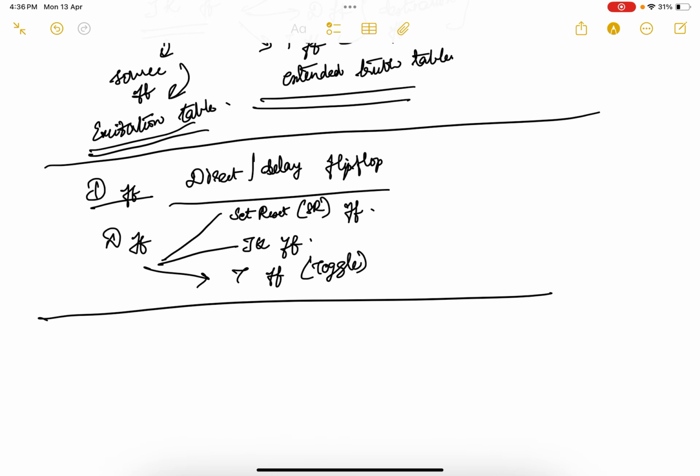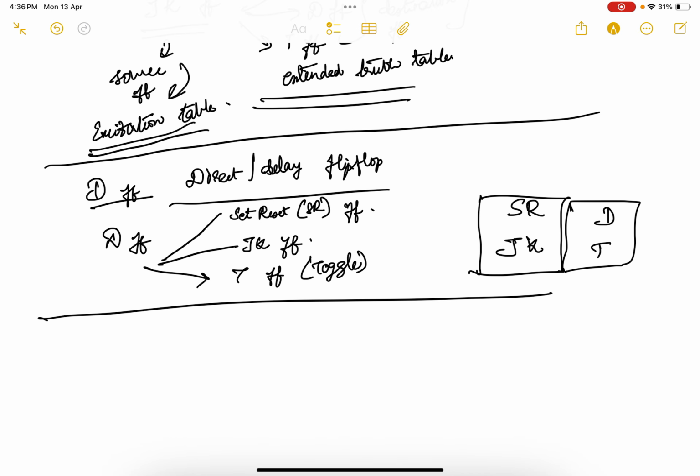In the upcoming lectures we will be seeing these two flip-flops only, because SR is already over in the previous lectures, and in this lecture I have completed JK, so the only things left are D and T.